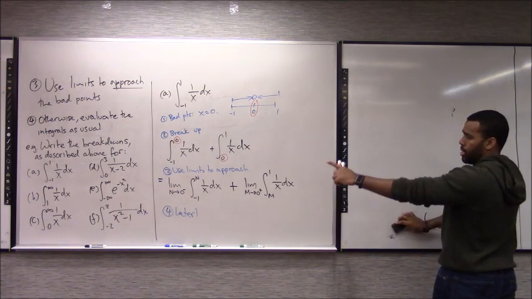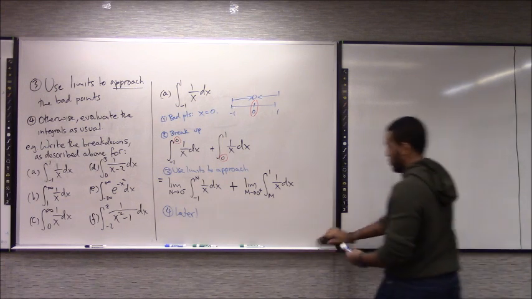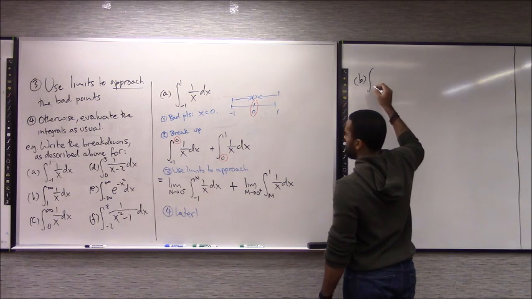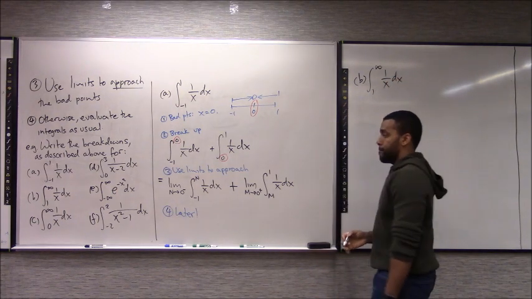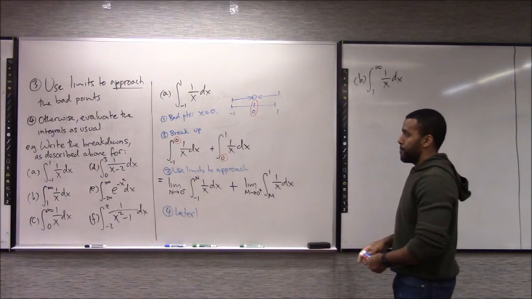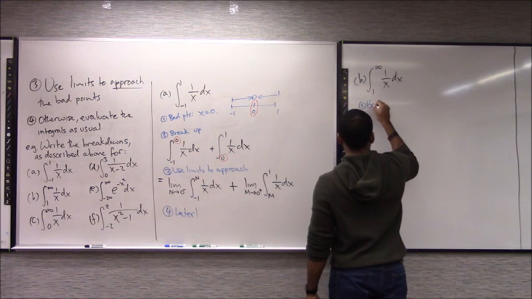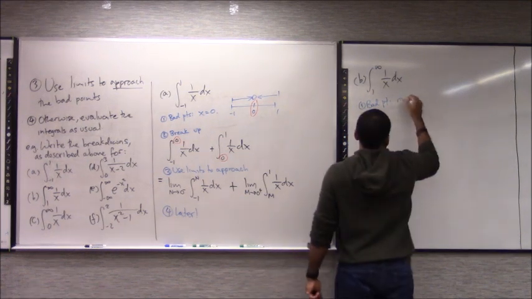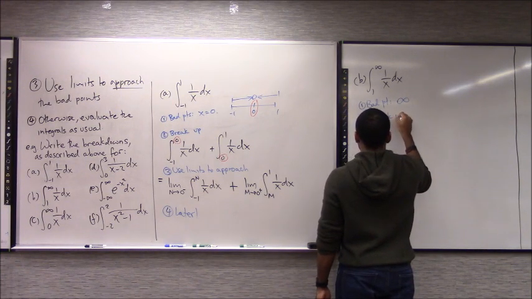Okay, what's the next one I'm going to break down? So, bad point? Infinity. So what's the breakdown going to look like?